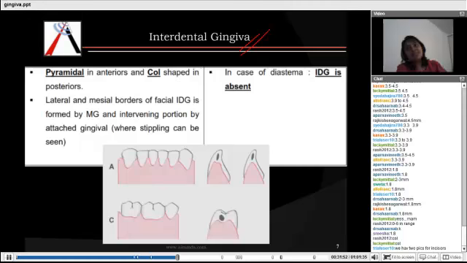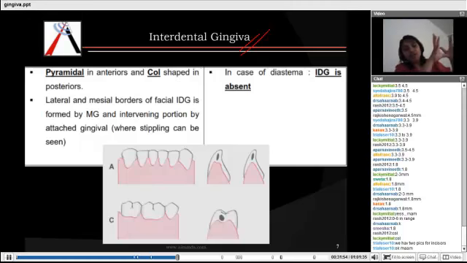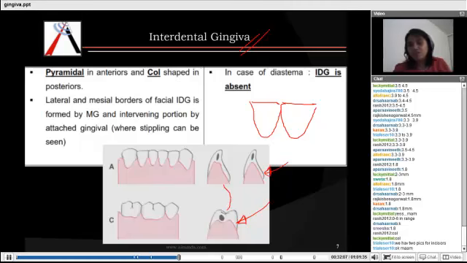Now, that's common sense. If your contact area becomes broad and has moved down, we will expect that this new contact area will make the shape of interdental gingiva become col shaped, like the way we have in posteriors, isn't it? So that's what it explains.